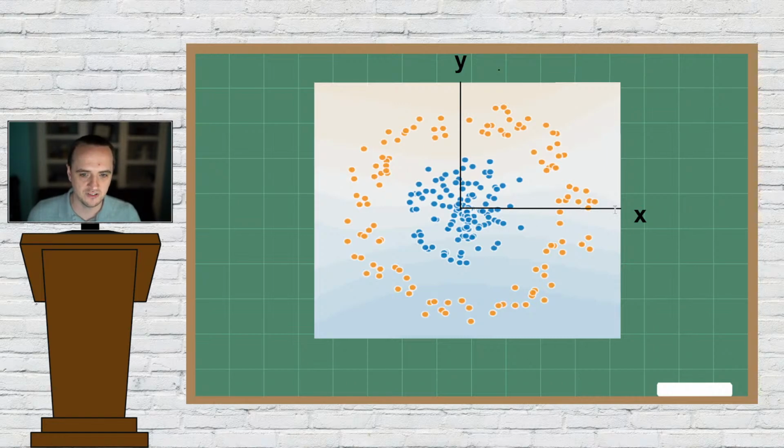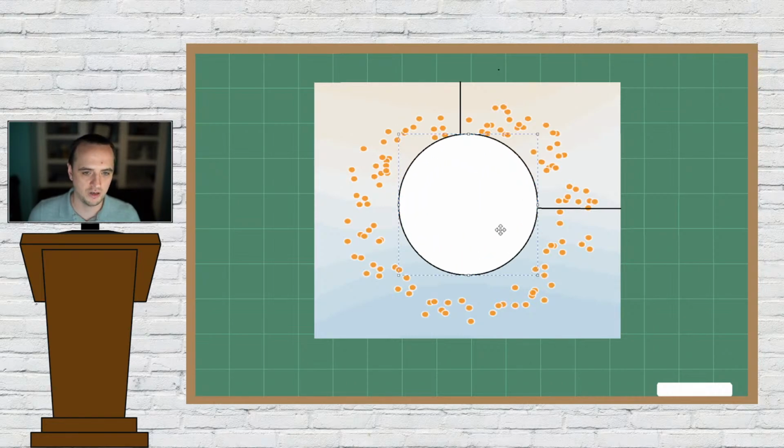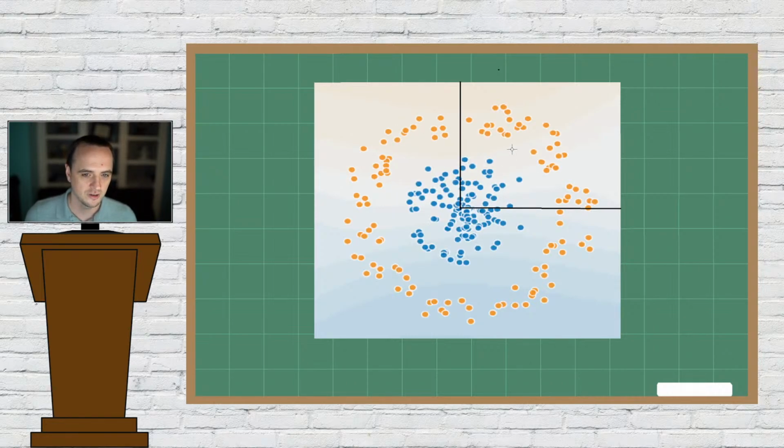So instead of looking at this in terms of X and Y, how about we classify points instead by distance from the origin? So if we say, okay, all of the blue points are within a certain distance of the origin, and all of the orange points are within a different distance to the origin, then what we get is, in the space of distances, these two things are linearly separable, right?